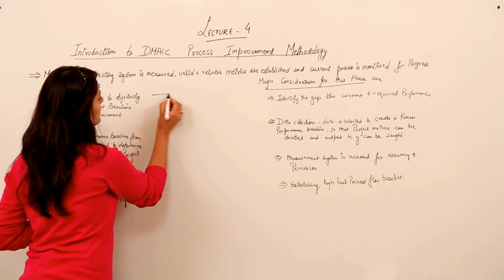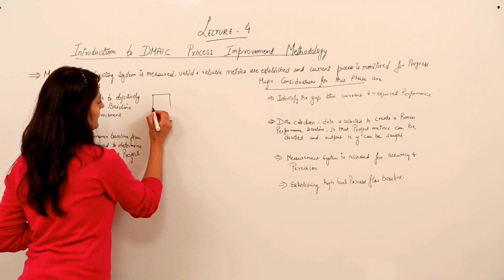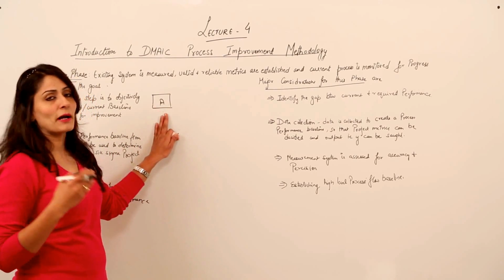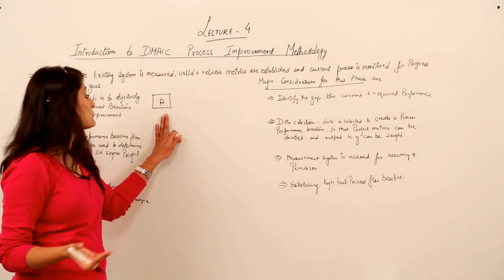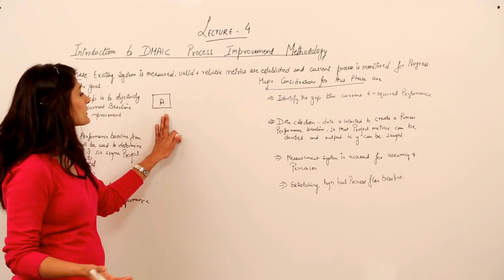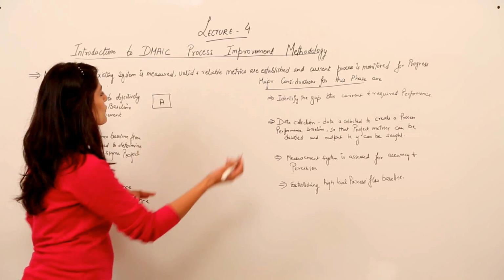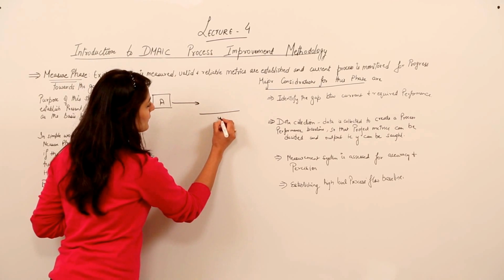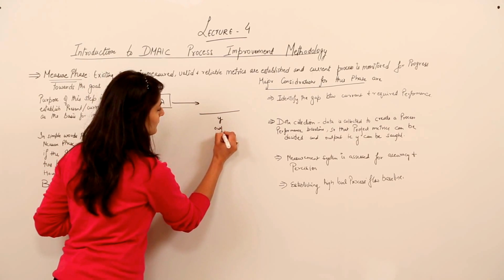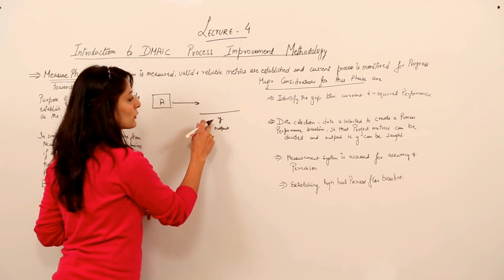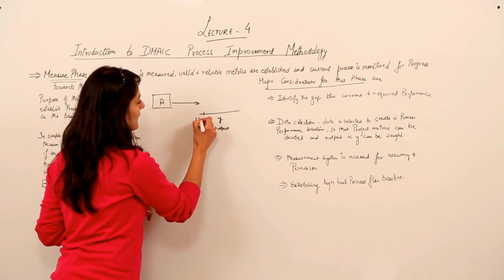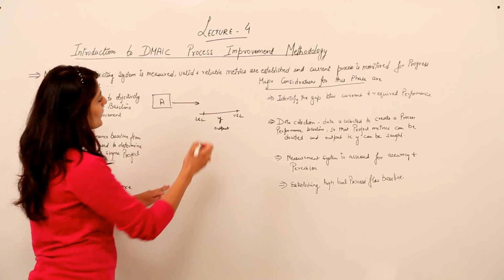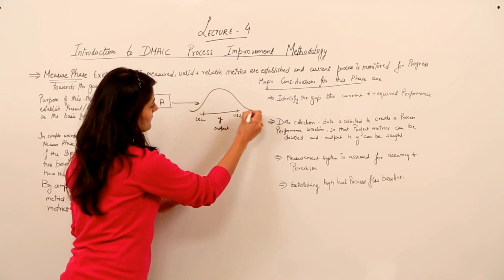So think this is a process A, and this company might be producing a certain kind of product, or it can be providing services, it can be a service-based company. So the current output here is this. This is the output, this is the lower spec limit, this is the upper spec limit, and the current output is something like this.